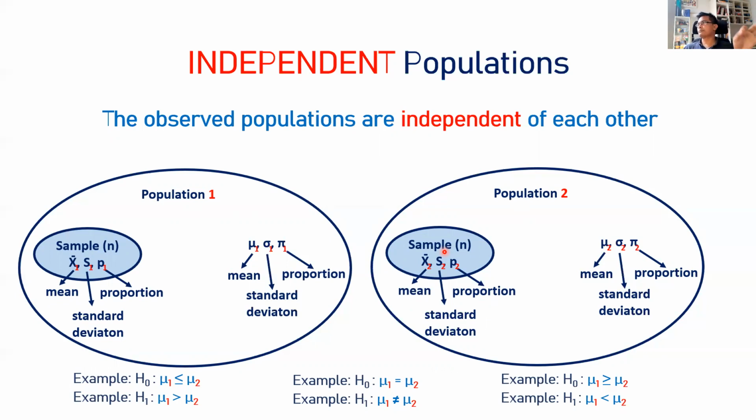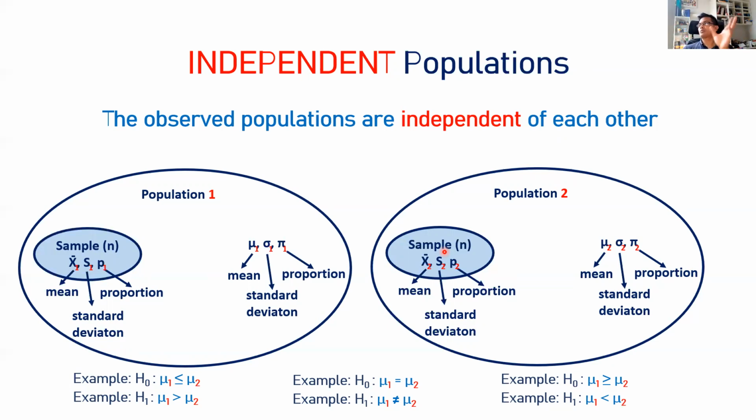We simply pick respondent one and record the income, respondent two, respondent three, and so on. For the second population, we also record the income of respondent one, two, three, regardless of who they are.